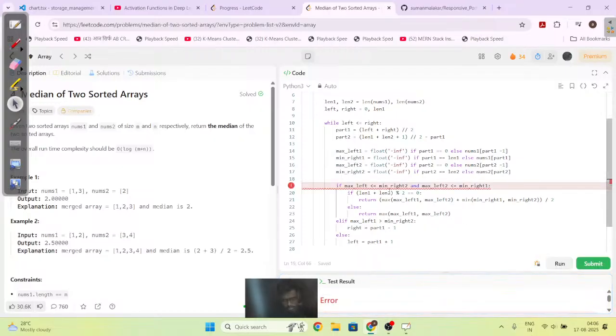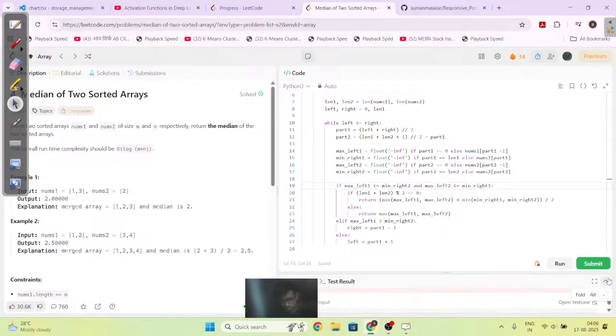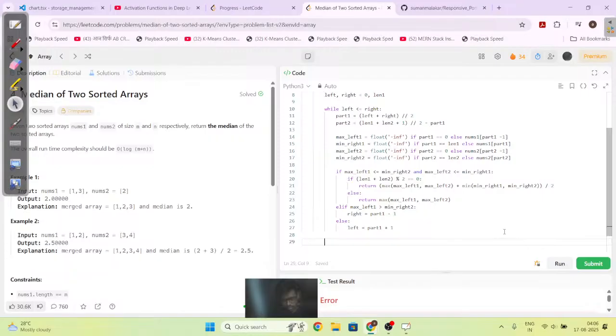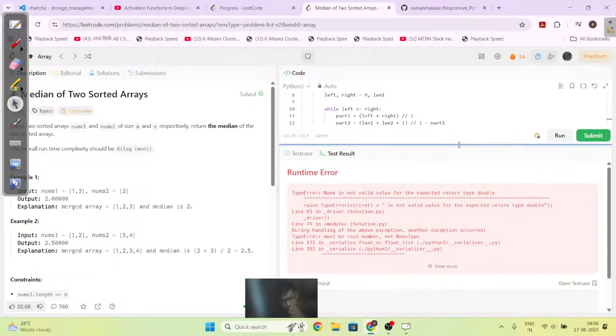Still not working. These errors are runtime errors. That is the problem. What is this here? None is not valid.